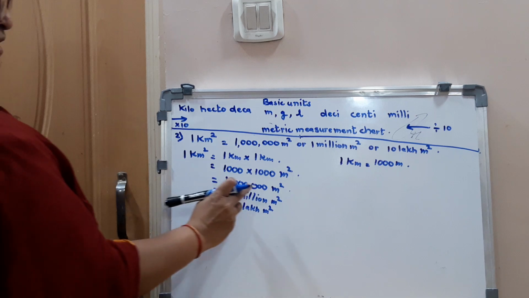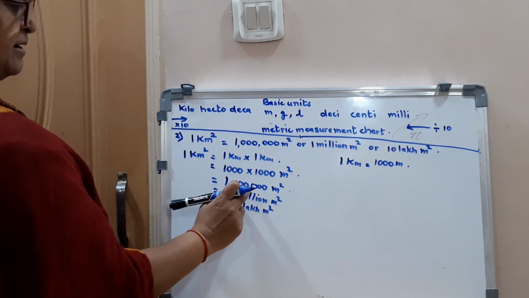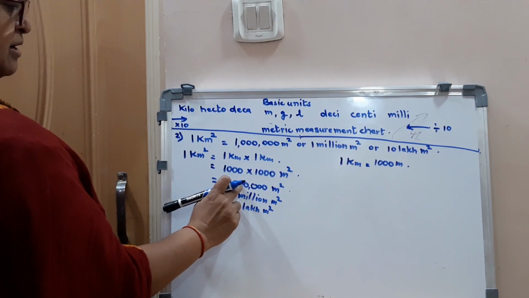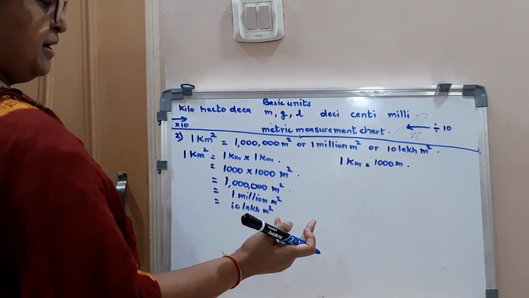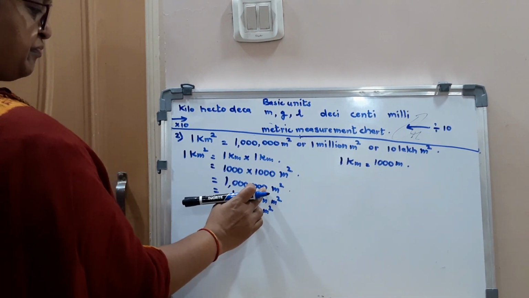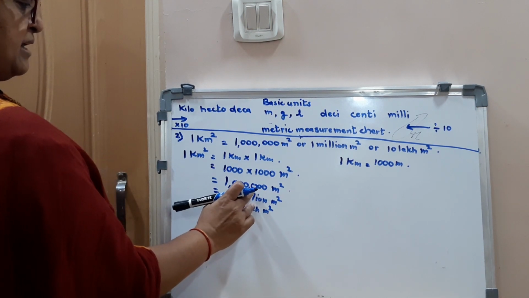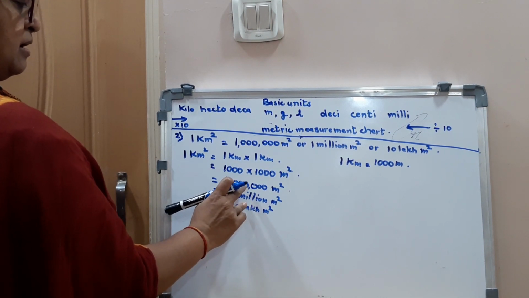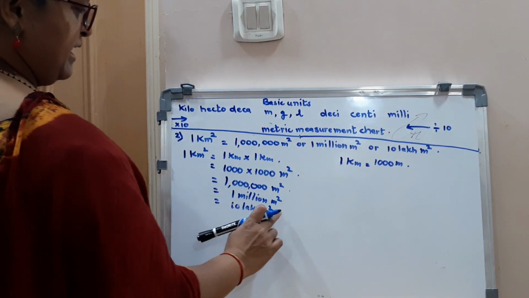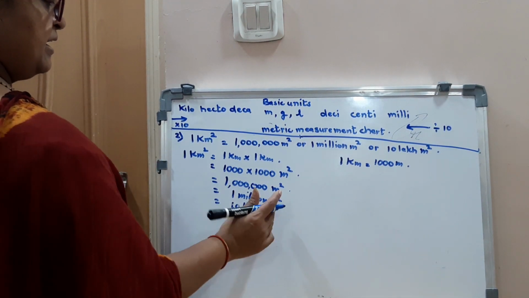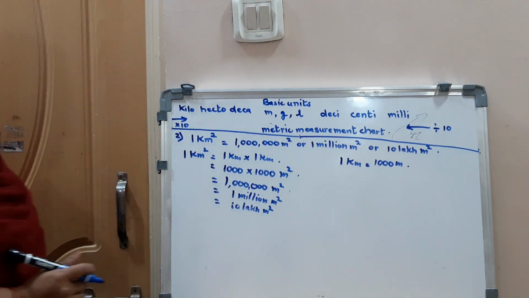So you can see ones, tens, hundreds, thousand, 10,000, 100,000 and 1 million. And according to Indian place value system, ones, tens, hundred, thousand, 10,000, lakh and 10 lakh. So 10 lakh meter square according to the Indian place value system.